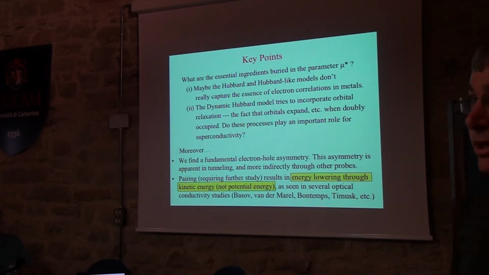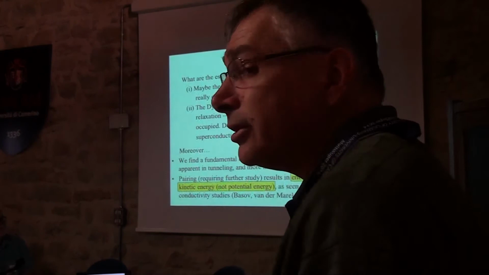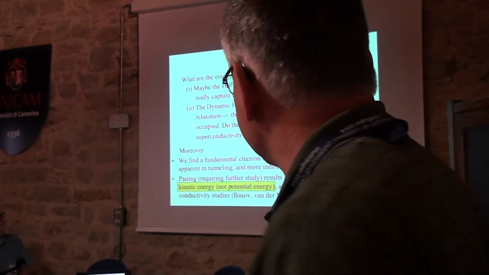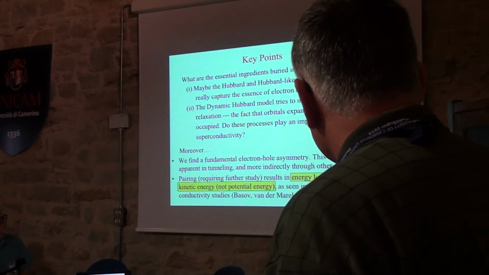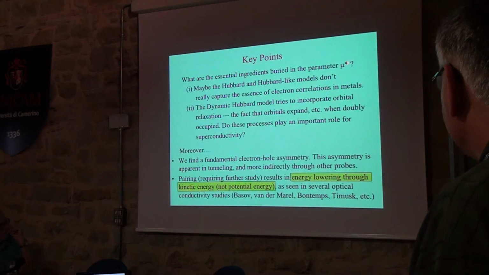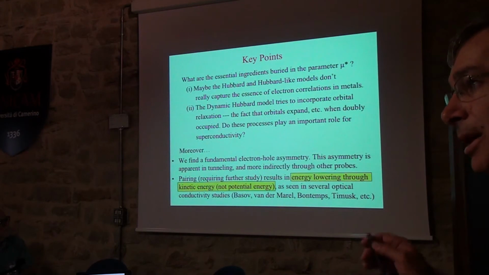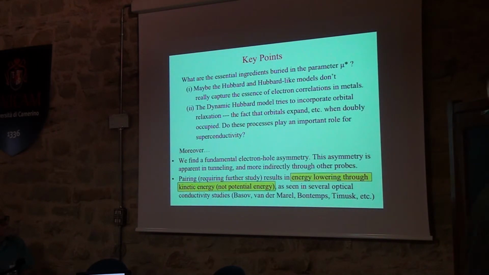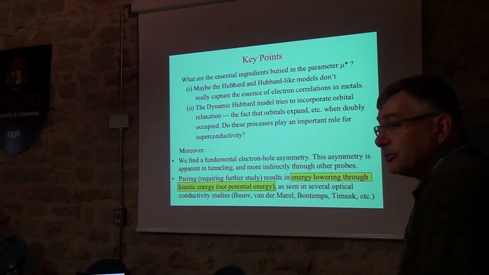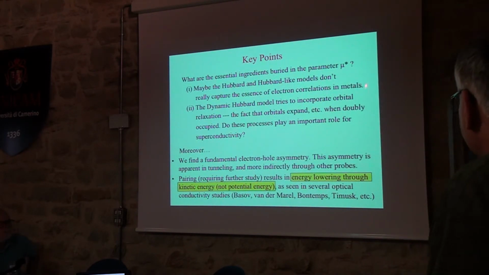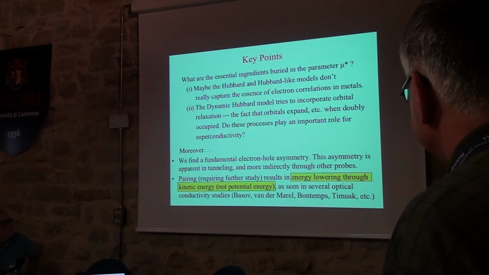Mu star in conventional theory is supposed to summarize all the direct Coulomb interactions between two electrons, and it's just some number. Okay, there is certainly more to it than that, but up till now, because we focused on the structure that comes in time from the electron-phonon interaction, we've been happy with this approach because it seems to work. But I would claim there's a lot more to it than that.